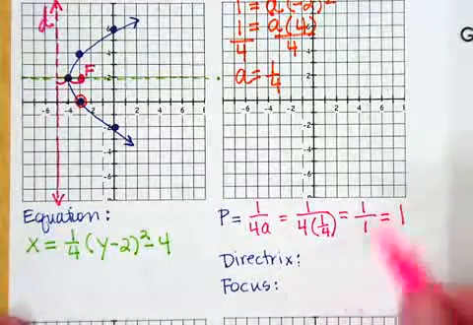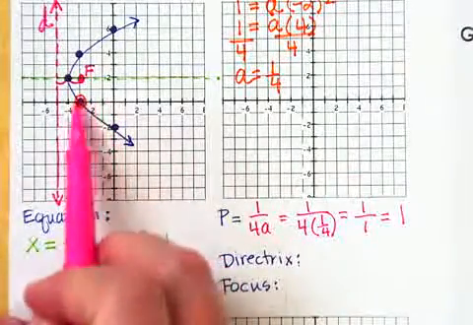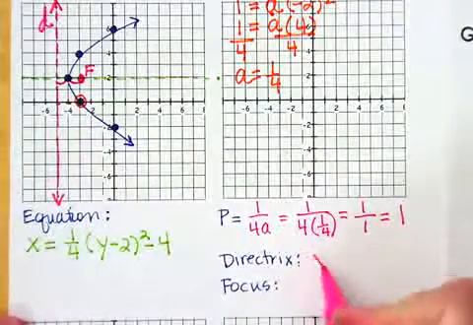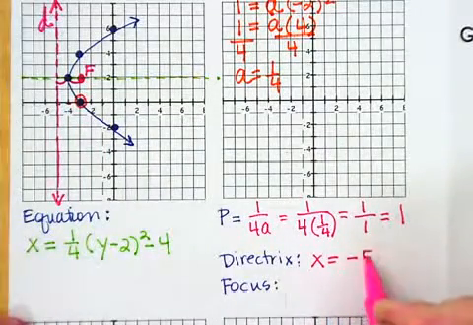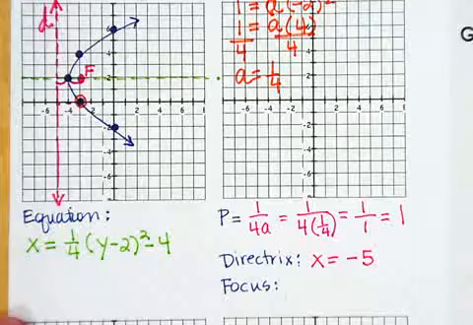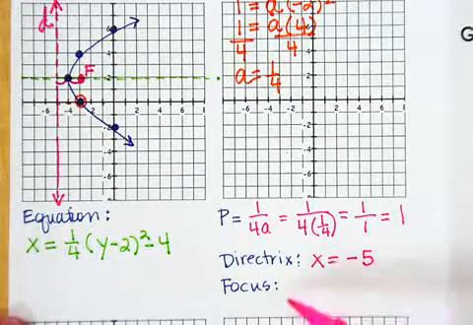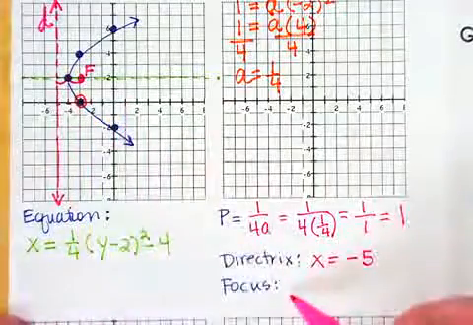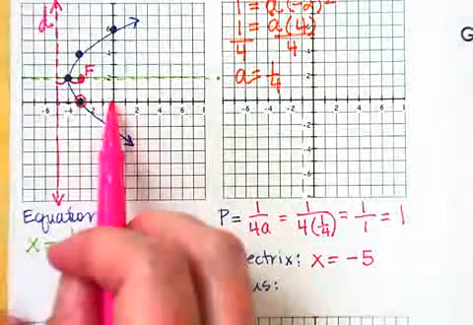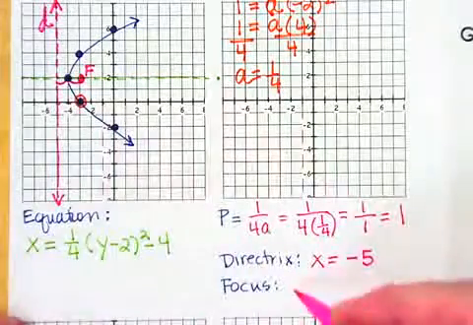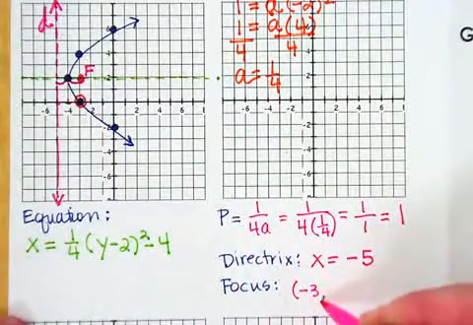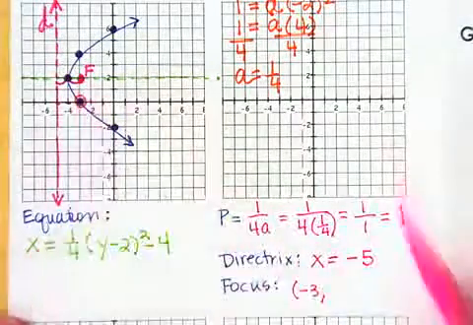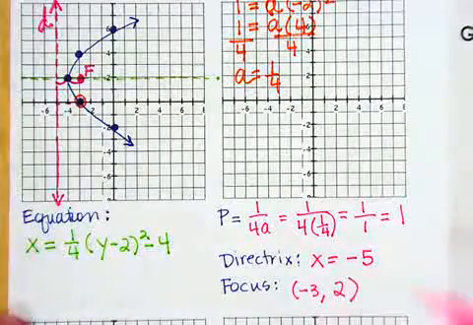So the equation for the directrix then, 1, 2, 3, 4, 5, x equals -5. And the focus, with it being inside, is not an equation, it's an ordered pair. And it is -3, comma, +2.